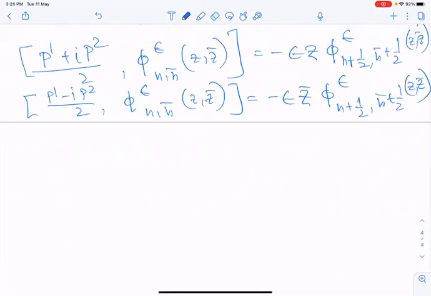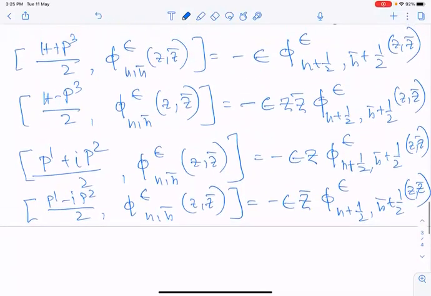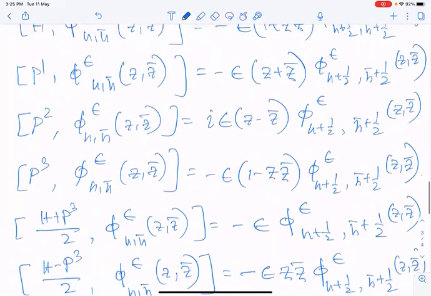Okay, so now let me talk about the different... Can I ask a question? Yeah. Is there anything special about this P2 commutator, because of this I factor? Is there any physical interpretation for this exact form?